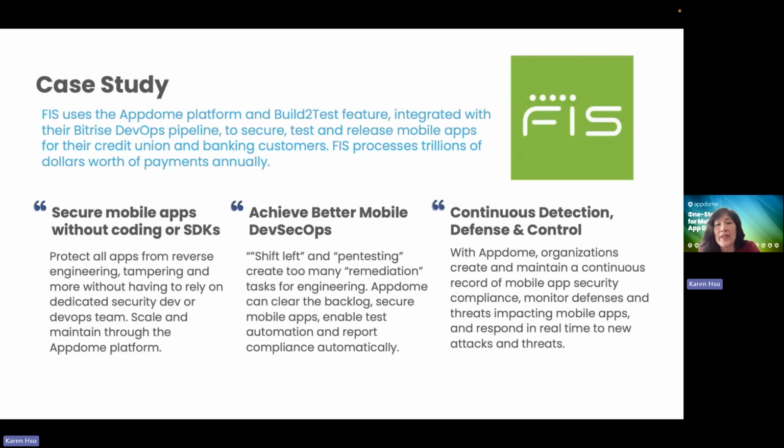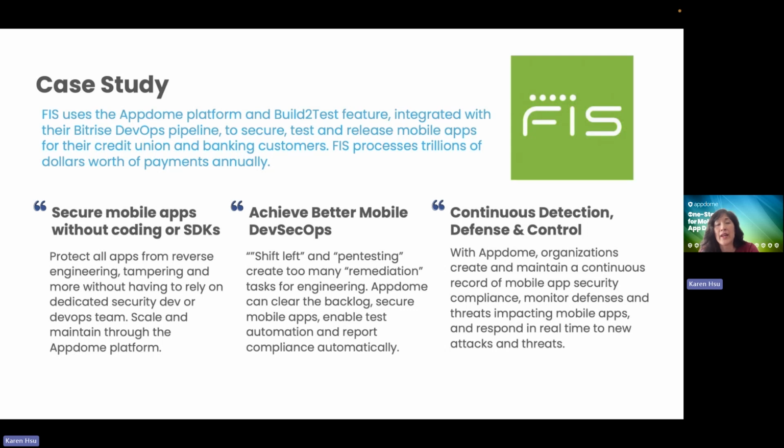FIS knew that they had a lot of challenges to address in the marketplace in terms of risk, especially given the increasing fraud risk and the increasing technology advancements, especially around AI, where hackers are able to create malware and create attacks faster and more sophisticated than they were before.